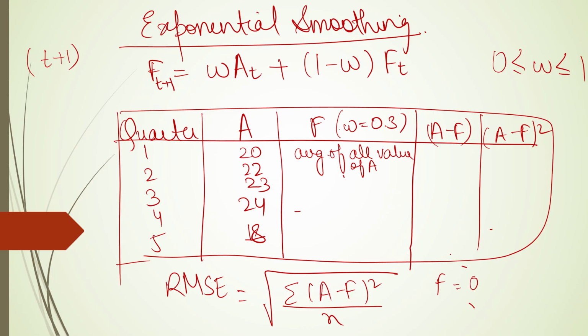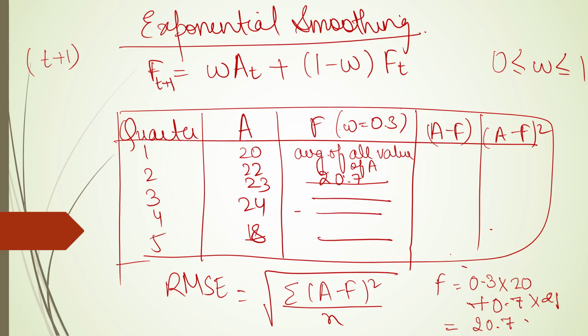Your W is 0.3 into your actual value, which is 20 in the previous one, since we are calculating for the second one, plus 0.7 into your forecasted average. Let's assume your average is 21. When you calculate it, you'll get approximately, I don't remember, but 20.7. So you'll write here 20.7.